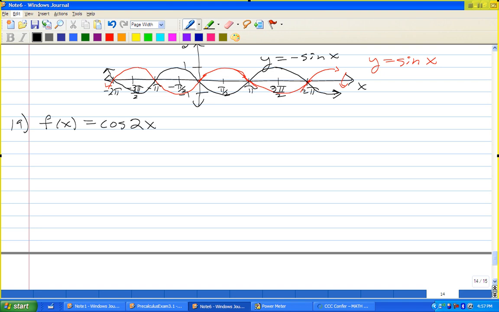Okay, so this will just be where I'm going to compress. So this will be, now stretch the x-axis.